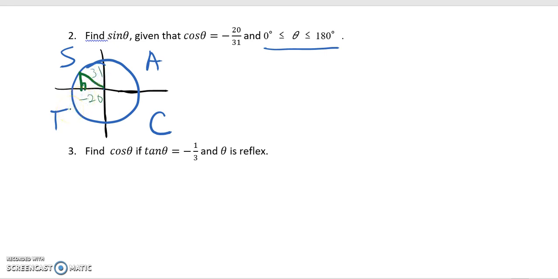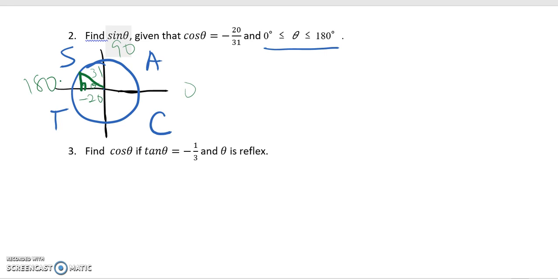Although it's a distance, so I can't really think of it as that. My little angle's in here, and I'm only going to there because that's where 180 is. So it's 0, 90, 180. That's my domain.